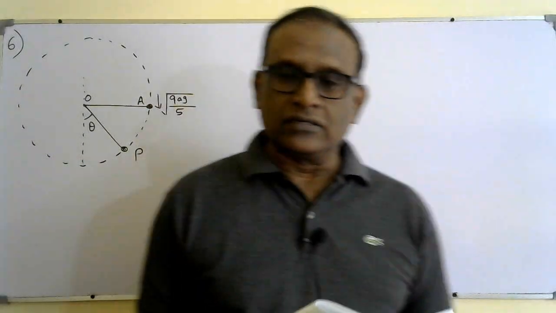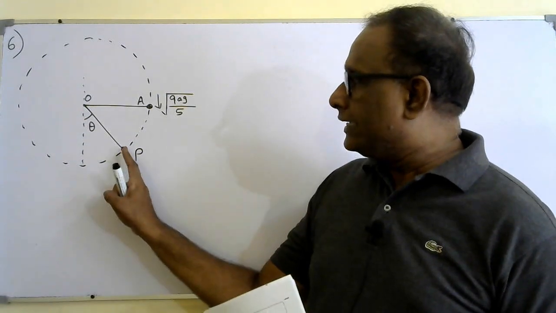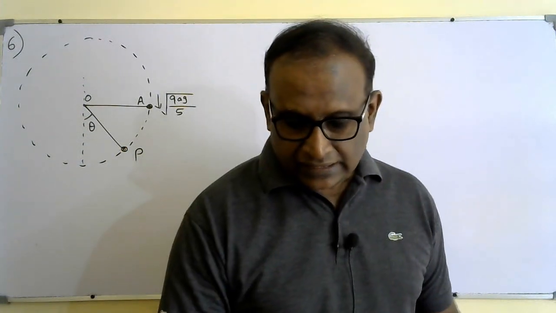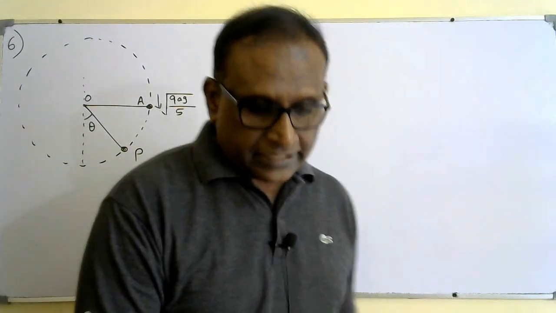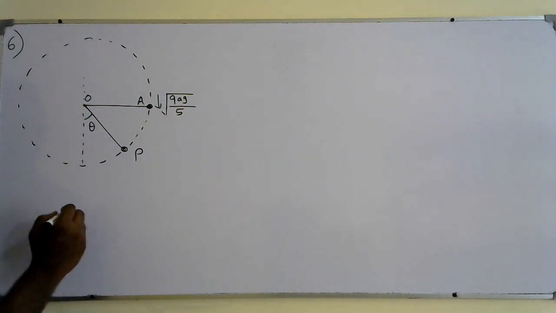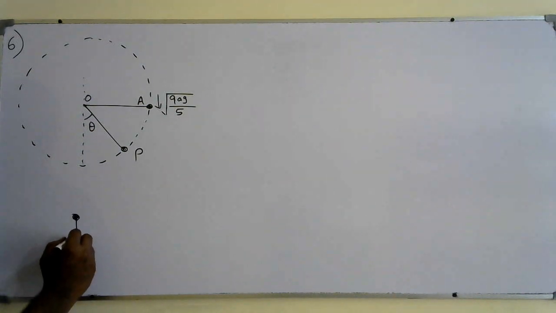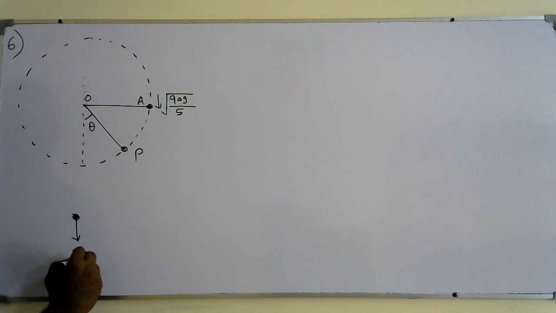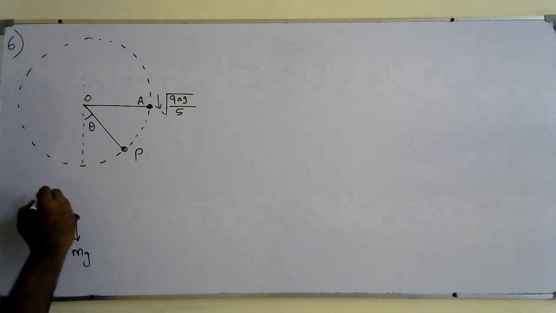Okay, so you know that first you must identify the center. We know this is the center. When it is at P, you should be able to identify the centripetal force. First you should identify the actual forces acting on P at this position. If I draw the particle P, the actual forces acting on it are the weight mg and the tension towards the center.